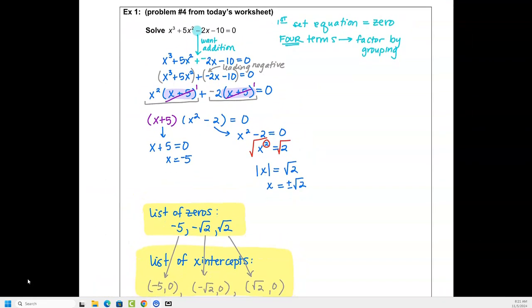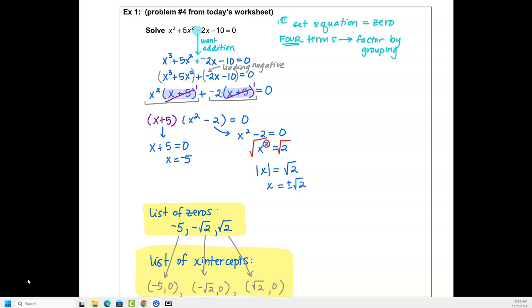Okay, any questions about example 1? Okay. I see a few people still finishing copying the notes down, so I'll give a minute.